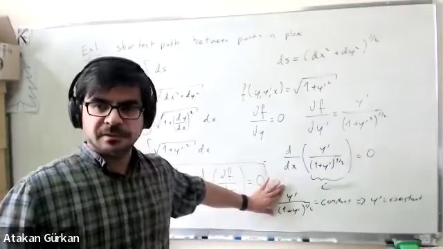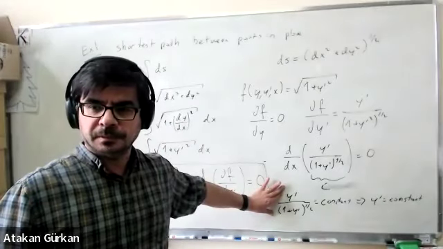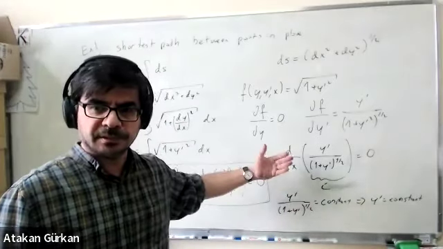Hocam, y prime being a constant is very intuitive, but can we be 100% sure for any given arbitrary function we have in such a problem? Is there an algorithm to take this and solve it for y prime? Like move it to the other side, square both sides. It's a quadratic.